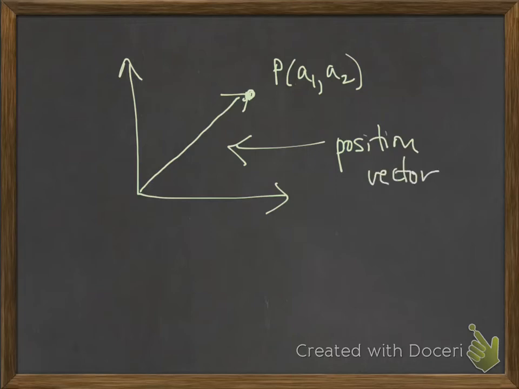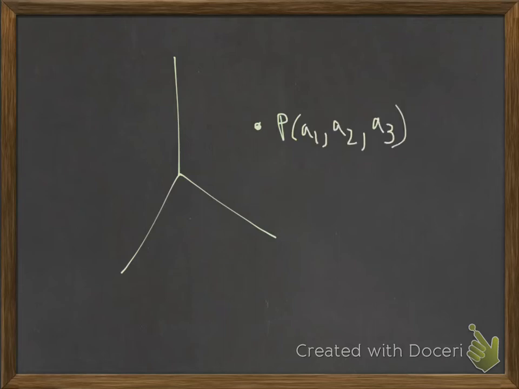So P is our point, but the position vector is the one whose components are the very coordinates of P. Likewise, if we're in 3-space and we have a point, say (a1, a2, a3), then the position vector is the one whose components are exactly a1, a2, and a3.